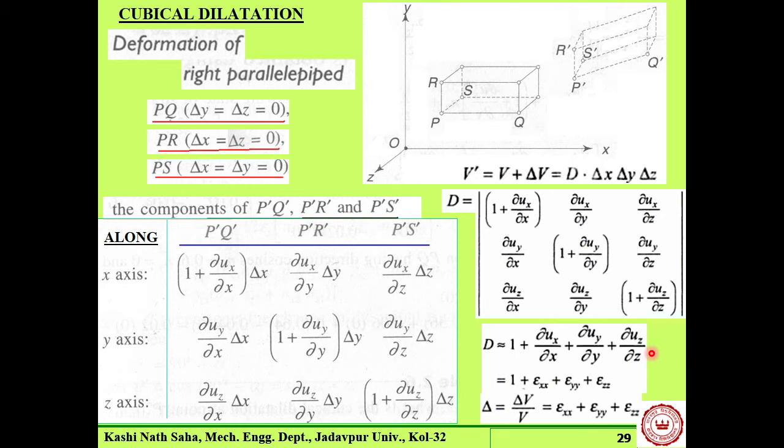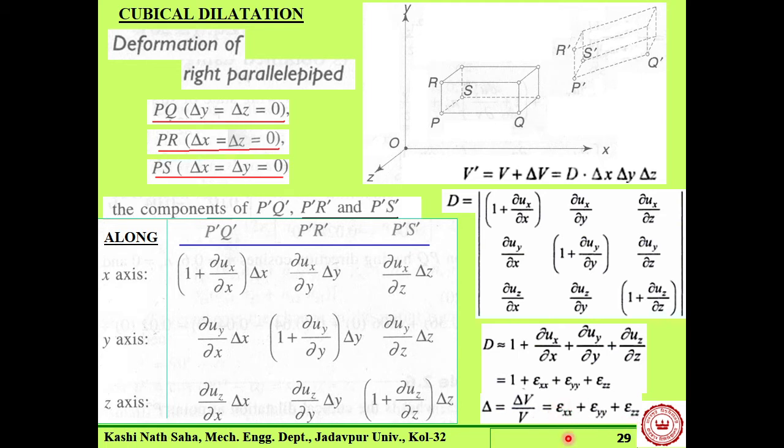So this is what we are getting. From the diagonal we will get this part only. The higher order terms we are neglecting. Now, this D is 1 plus delta V by V, right. So ultimately this delta V by V is becoming this.